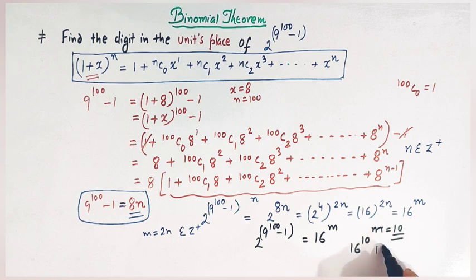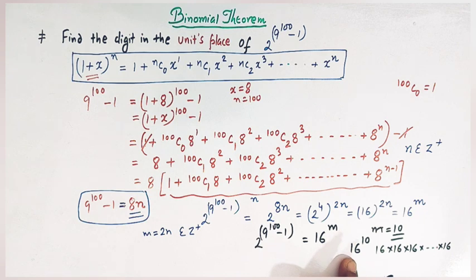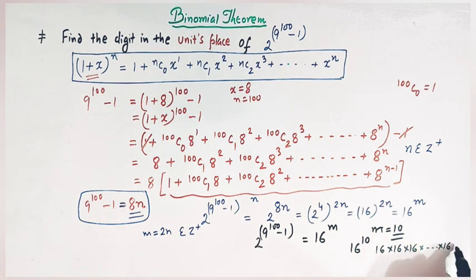Because we have 16 times 16 times 16, up to 10 times, and when we multiply these numbers, 6 times 6 is 36, then we multiply 6 by this 6, so we'll again get 6 in the units place, and so on.